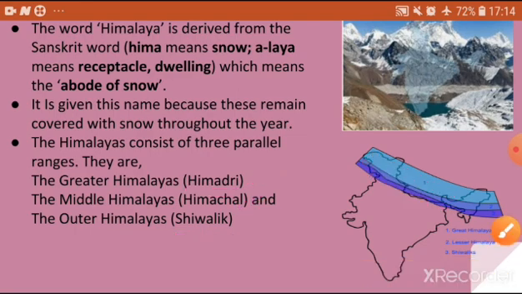So how many parallel ranges are there in Himalayas? 3. What are they? The Greater Himalayas, the Middle Himalayas, the Outer Himalayas. That means Himadri, Himachal and Shivalik. In the previous session, you have already learnt about these 3 parallel ranges.